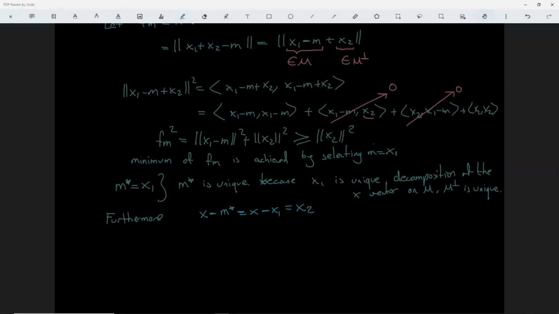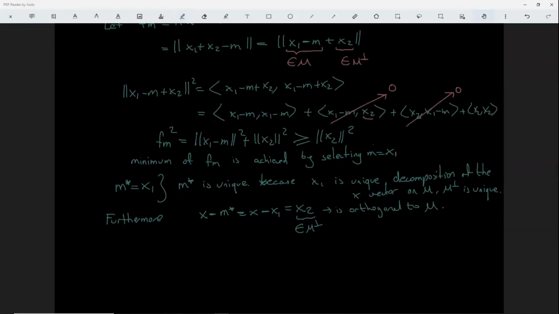And notice that x2 is orthogonal to M because x2 lies in the orthogonal complement. So x2 is orthogonal to our subspace M.